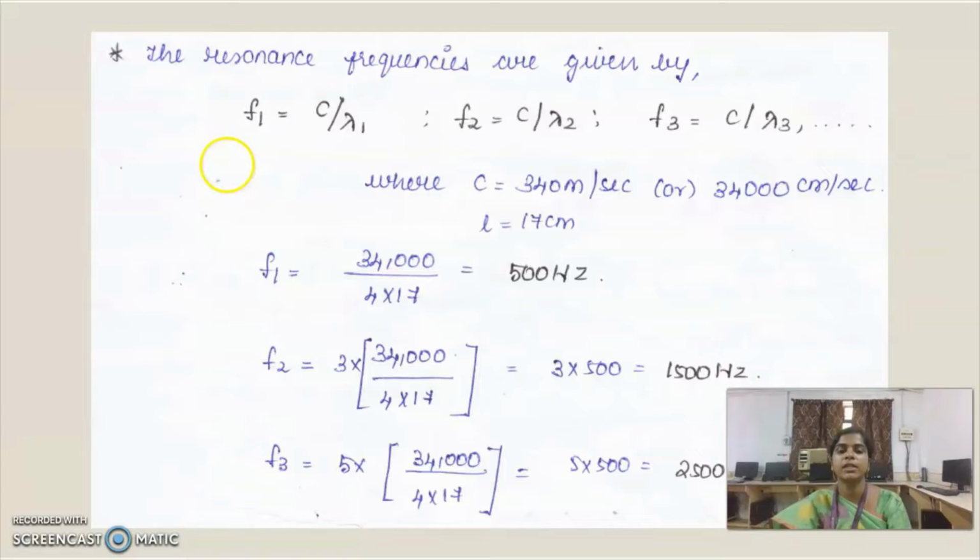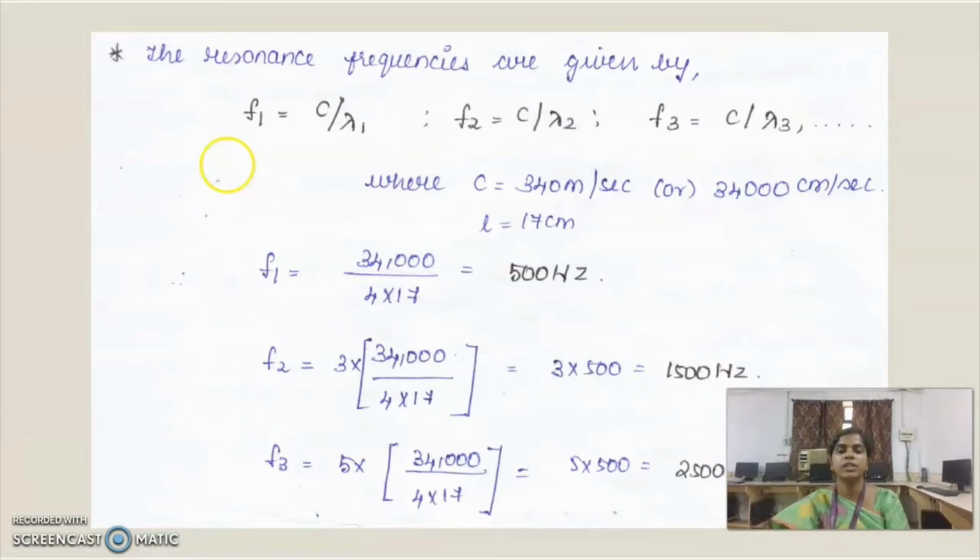The second formant is the third odd multiple of F1, so 3 times 500 gives us 1500 Hz. The third formant is the fifth multiple of the first formant, so 5 times 500 gives us 2500 Hz.